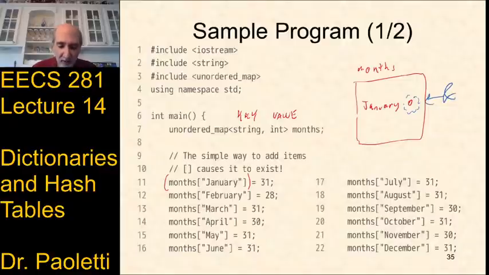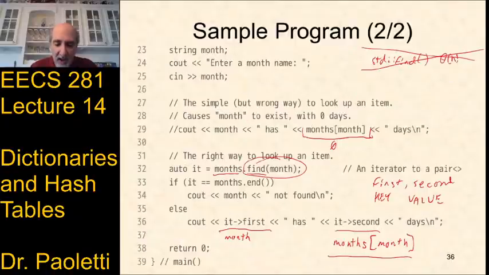Because we have a reference, we can assign the value 31 to it. So square bracketing something causes it to exist. When we want it to exist, we go straight to the square brackets. I want June to exist, put it in there. But when I don't want it to exist, if it doesn't already, I use find.